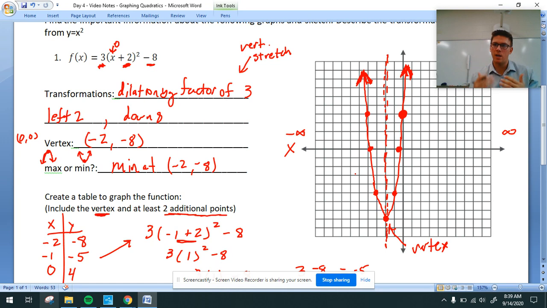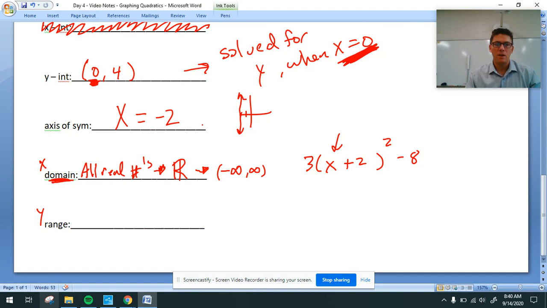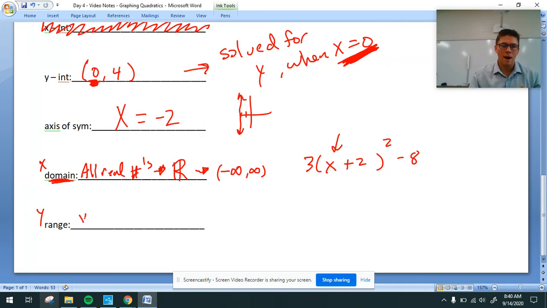So how do I represent my statement now? I know -8 is the lowest, and look at the arrows, it goes up forever. What we're going to say here is that the range of this graph is all of the y values that are greater than or equal to -8. Now, if we want to be consistent with interval notation, we go from least to greatest.